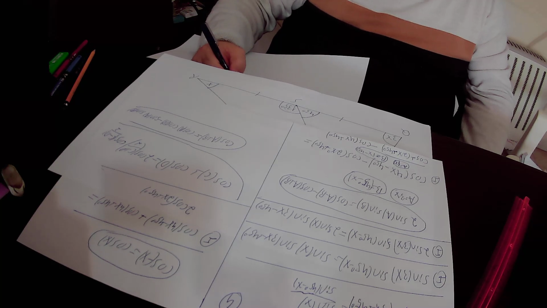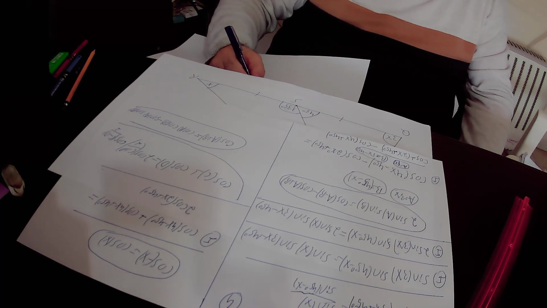C minus D is 4x minus 4x is 0, and minus 45 degrees minus 45 degrees is minus 90 degrees, and minus 90 degrees over 2 is minus 45 degrees. But according to the rule that cosine minus x equals cosine x, we get that cosine minus 45 degrees equals cosine 45 degrees.